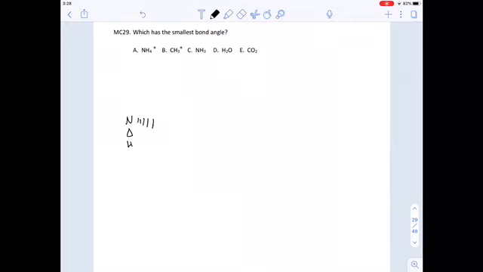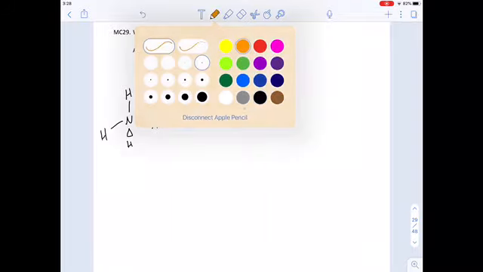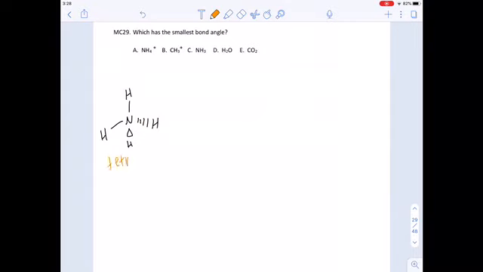Let me write this a little neater. Okay, so this is considered a tetrahedral, and tetrahedrals have a bond angle of 109.5 degrees.